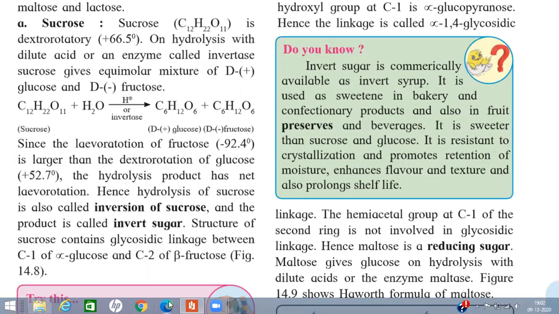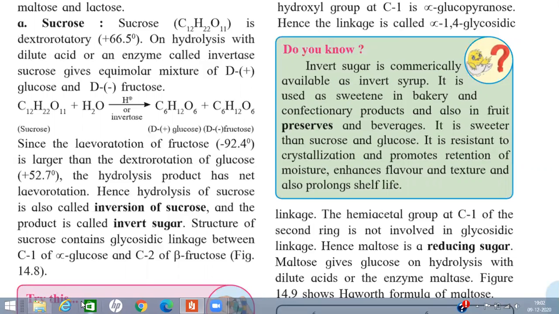In our syllabus, 3 examples of disaccharides are given. One is sucrose, second is maltose, and one more is lactose.